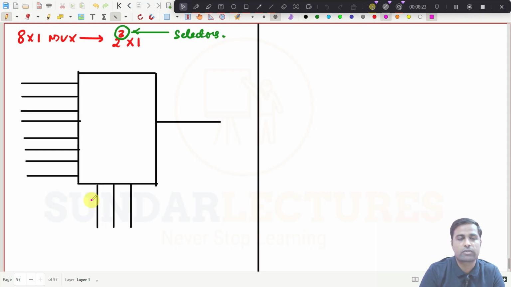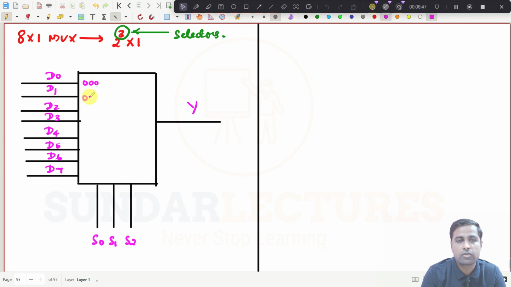So this is actually D0, D1, D2, and I will name my inputs D3, D4, D5, D6, and this will be D7. My selector switches will be S0, S1, S2, and my output will be Y here. And what is this one now? This is 0 0 0, 0 0 1, 0 1 0, 0 1 1, 1 0 0, 1 0 1, 1 1 0, 1 1 1.